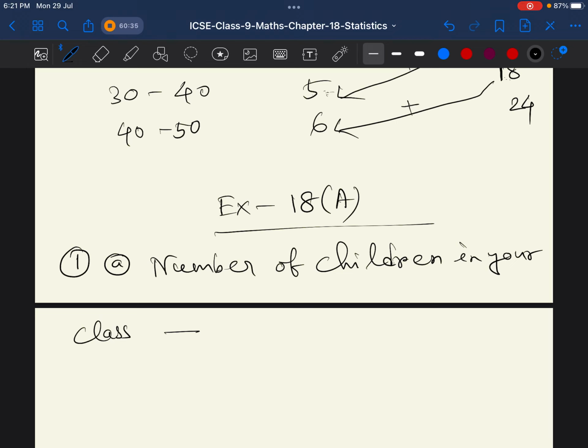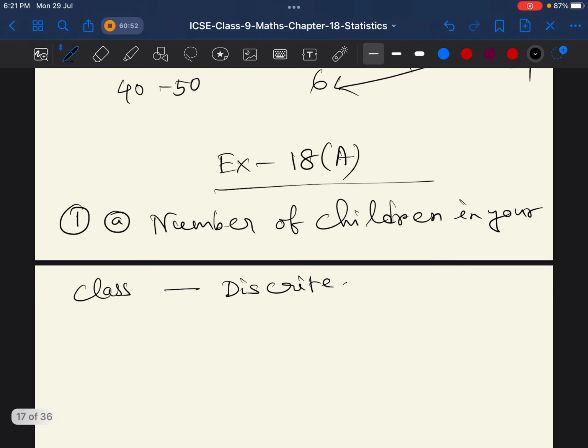Here a decimal point is never possible, only one student comes, or one child, 2, 3, 4. So this is discrete, it is a fixed value. Now B, distance traveled by a car.